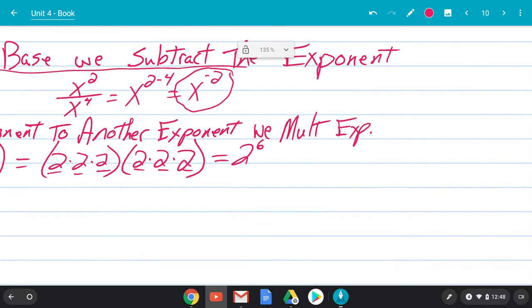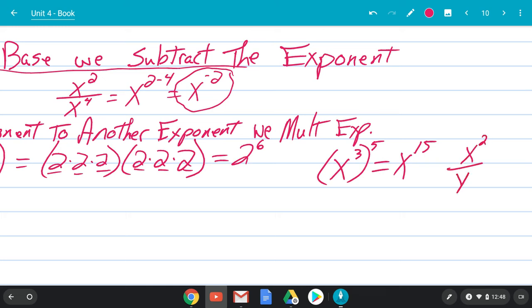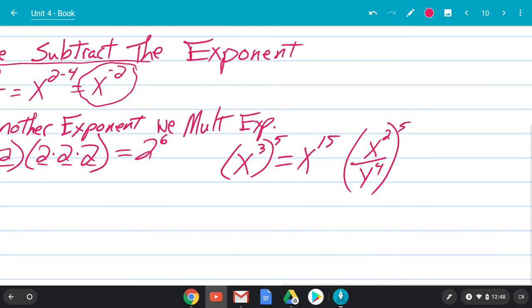So what if I gave you x to the 3rd raised to the 5th power? That would be x to the 15th. How about this one? How about if I give you x squared over y to the 4th raised to the 5th power? What would that look like? Well, I have to raise everything inside.